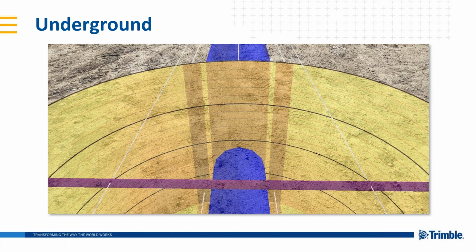Jonathan showed a few examples and went into some detail with the utilities and how they can be visualised using the pit view. Laying 2D data over the ground, it's very difficult to understand which pipes or cables run above or below others. With the pit view, it shows it straight away, in 3D, which ones are above the others, how they interact.